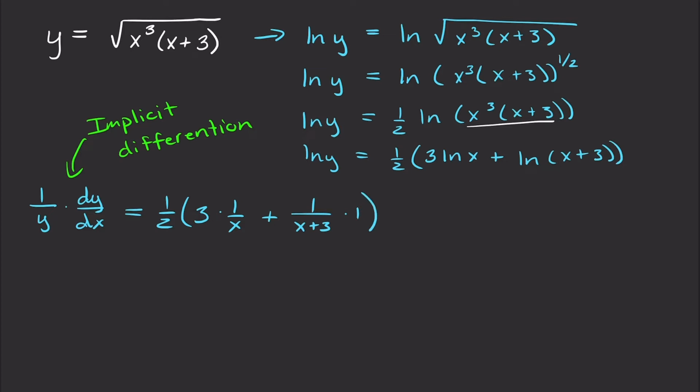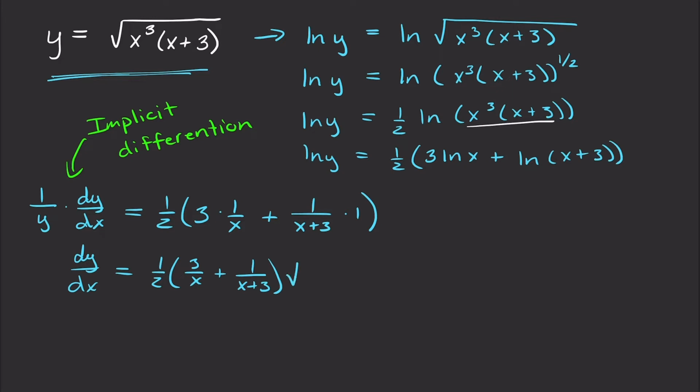And then we need to solve for dy dx. So dy dx, we'll clean this up a bit and have 1/2 times 3 over x plus 1 over x plus 3. And then we need to multiply by y to get it to the other side. But our y is just our original function.